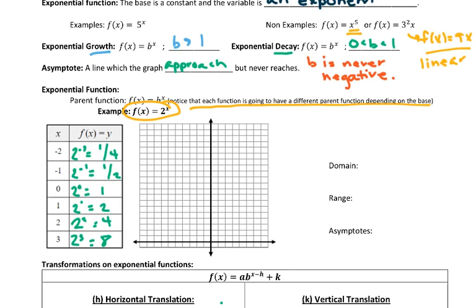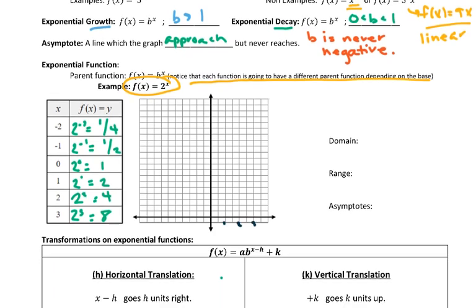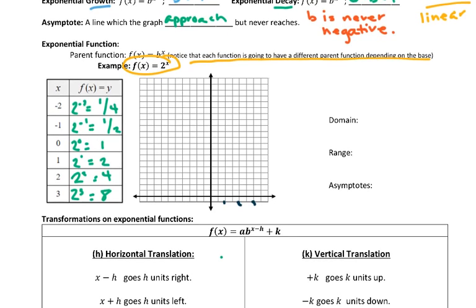So we're going to go ahead and put some numbers here on our graph. 1, 2, 3, negative 1, negative 2, negative 3.